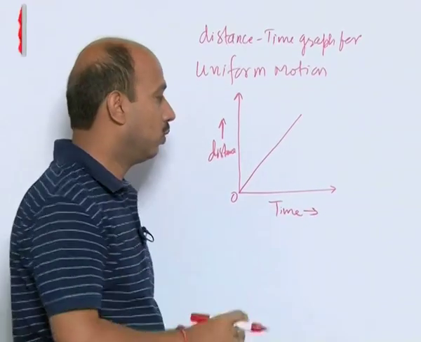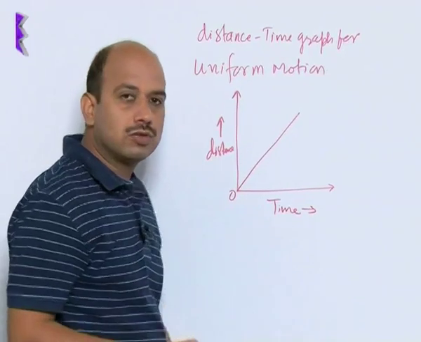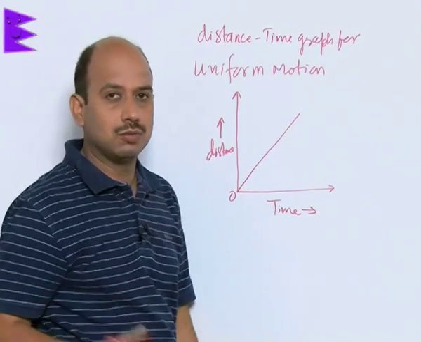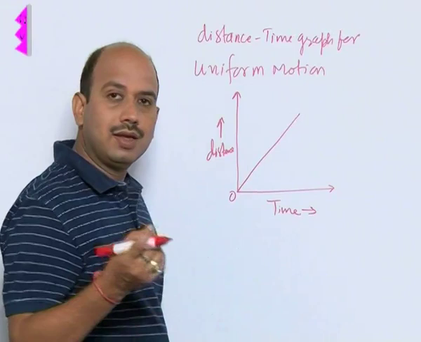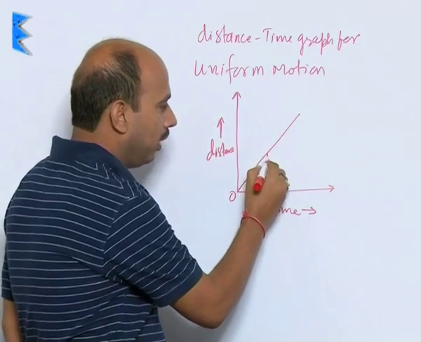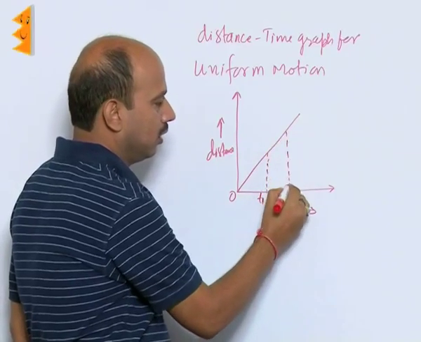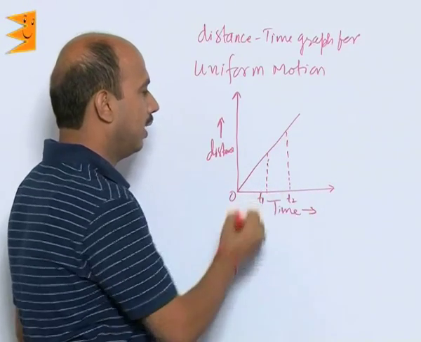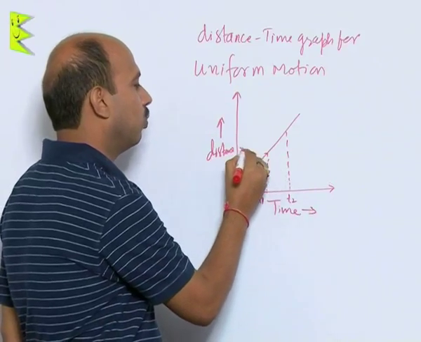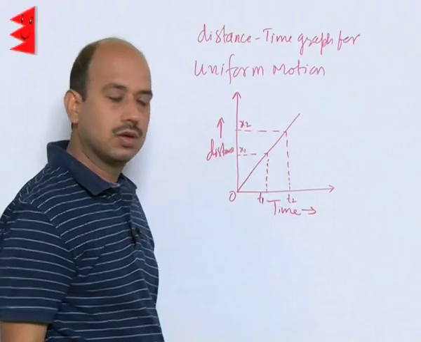Now, if you want to calculate speed from this graph, we can say speed and velocity because I have considered straight line motion here. So, we can take any 2 points. Suppose corresponding time for this point is t1 and for here time is t2, and the distance for this is x1 and the distance for this is x2.